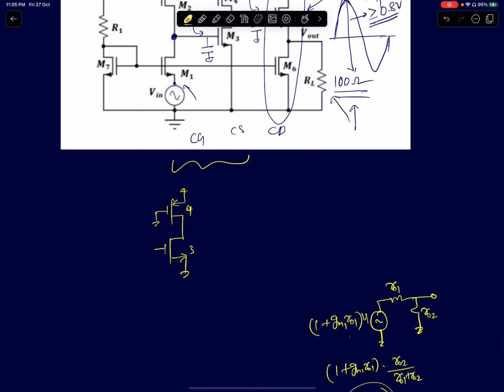The voltage gain of this configuration will be minus GM3 into RO3 parallel RO4. Let's assume for simplicity the output resistances are the same for PMOS and NMOS. Then this will be exactly equal to GM3 into RO3 by 2.